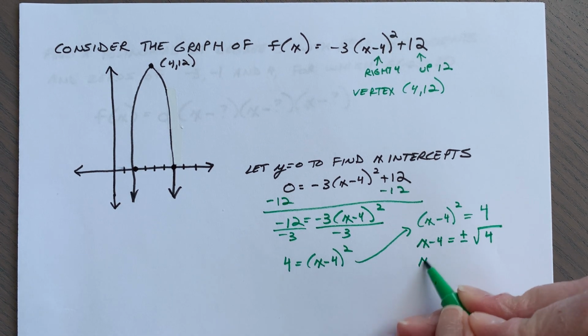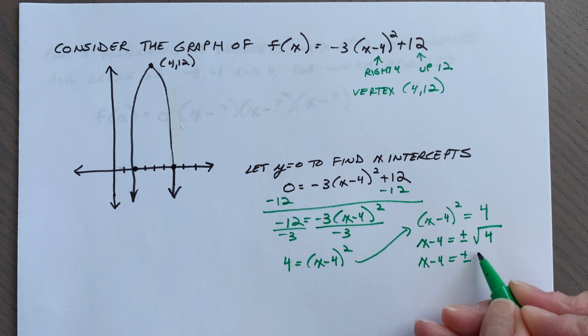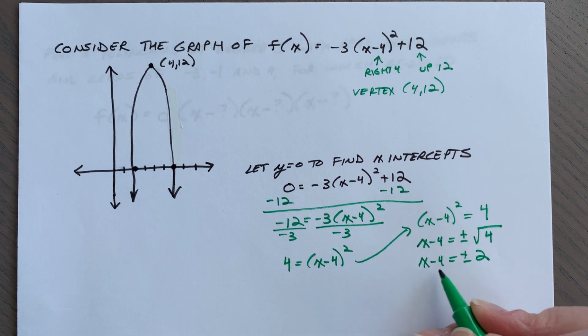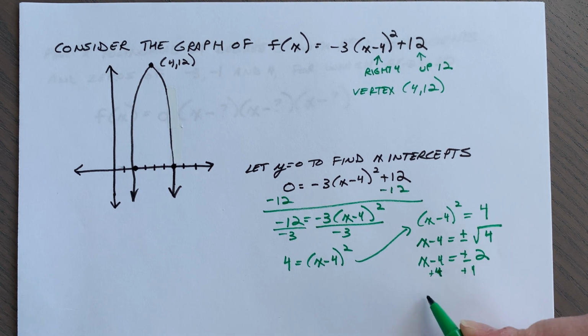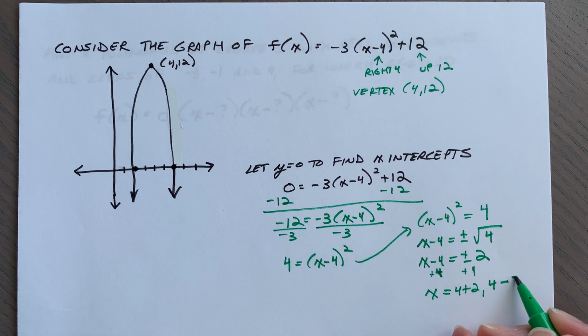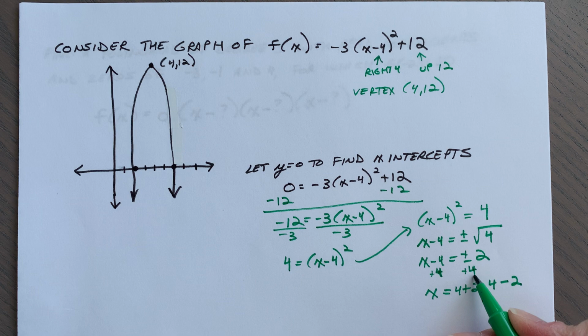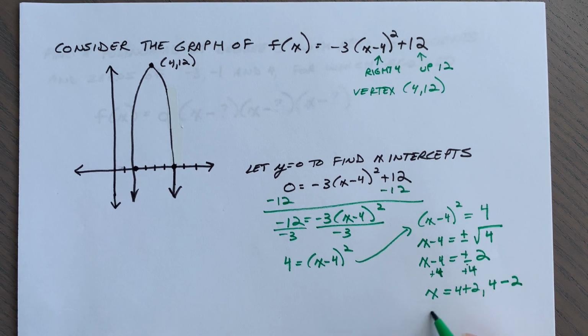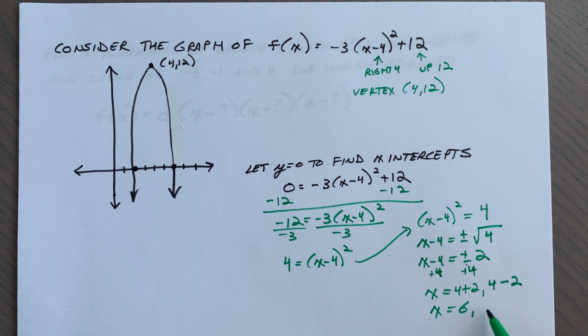Okay? So x minus 4 equals plus or minus 2. When we add 4 to both sides, we'll have x equals 4 plus 2, and then also x equals 4 minus 2, right? So that's 4 plus 2 and 4 minus 2. So we have x equals 6 and x equals 2.